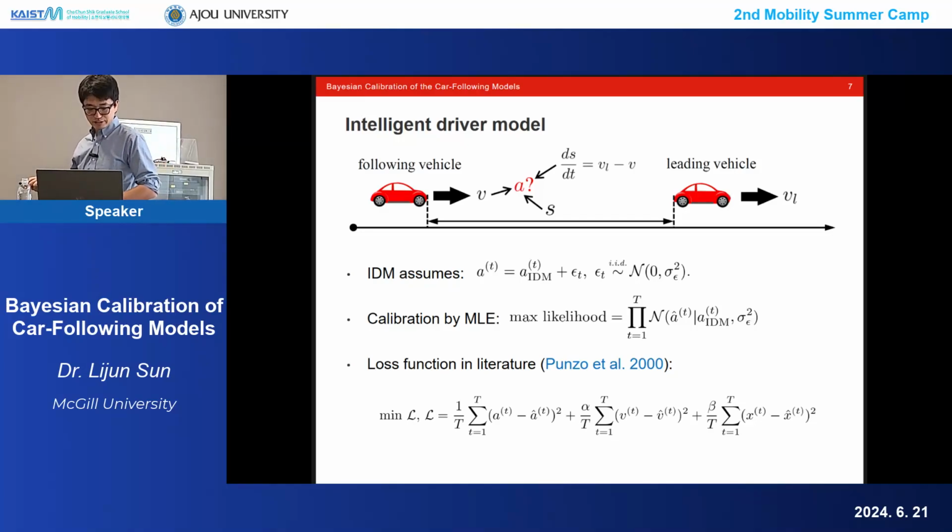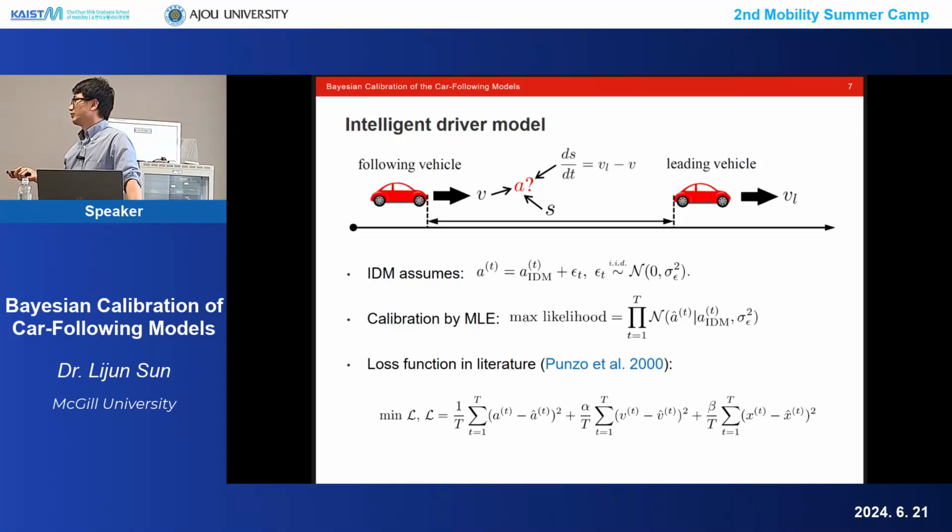So in the general case of the intelligent driver model, I can make an assumption that the real acceleration behavior is the acceleration produced by IDM plus a random noise term. And in that case, given the trajectories I can collect, I can calibrate the parameters of the IDM model by maximum likelihood.